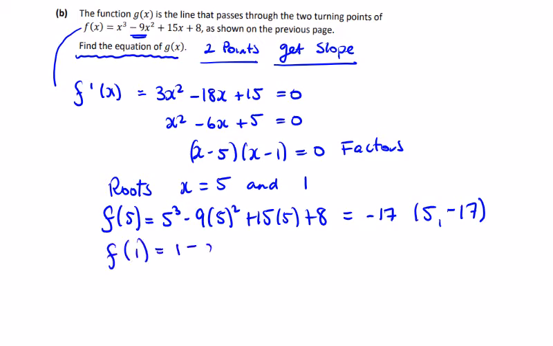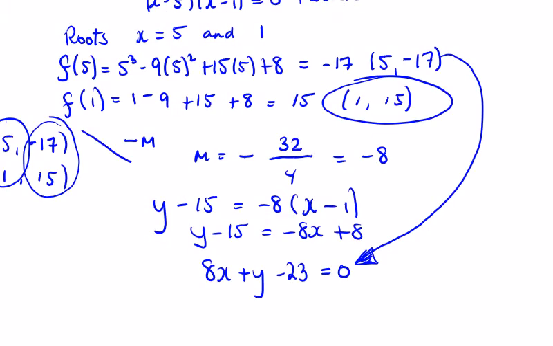We're just going to have 1 minus 9 plus 15 plus 8, so we're going to have 25 minus 9. And just checking, 5 minus 17 does work.